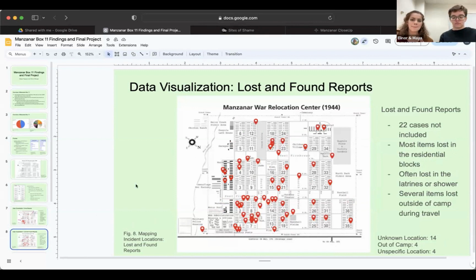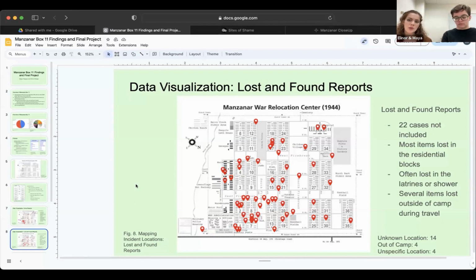Here we put the pins down for all of the ones where the location was indicated and the location was actually in the camp. There were several that were outside of the camp. Two in particular were people who had lost an item while traveling from Montana to Manzanar. Obviously we couldn't put that on the map, but we did want to mention it here because of the transitory nature of these lost and found reports.